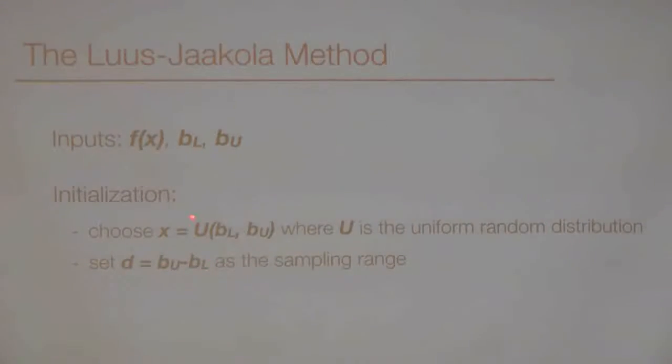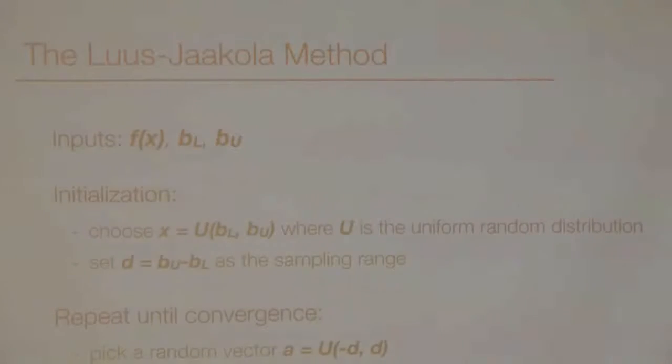And this capital U here, that's the uniform random distribution. Essentially, we are generating a random number from BL to BU. Okay? And then we set D to be equal to the sampling range, that's essentially the width of our box. Okay? So we have a box which is centered at X, and it has a width of 2D. Okay? So D is from the center to one side and from the center to the other side. Okay? So that's the initialization.